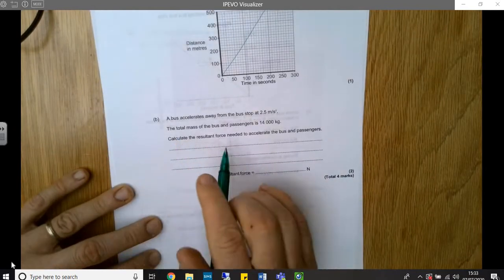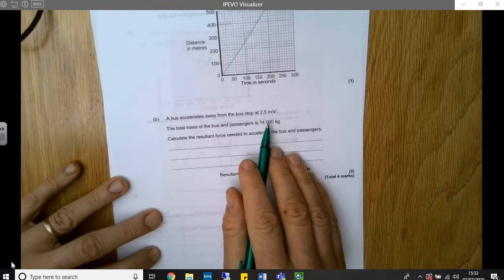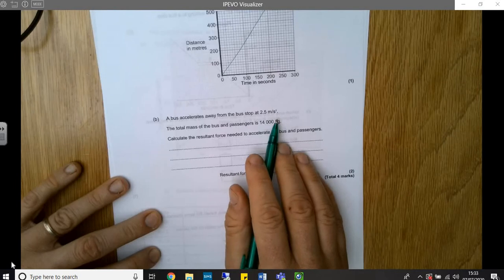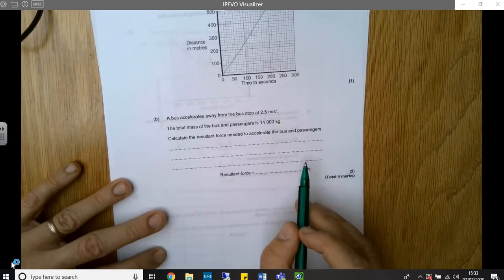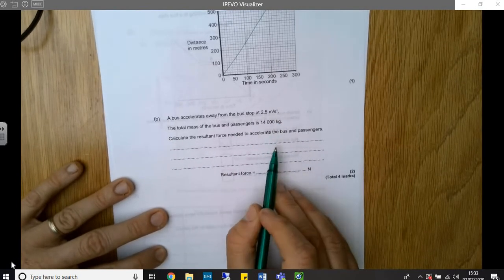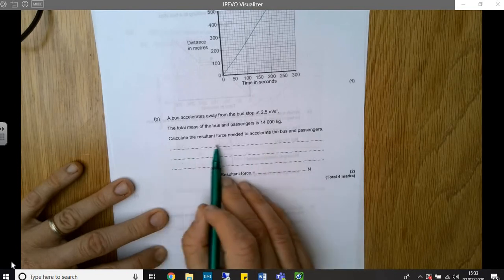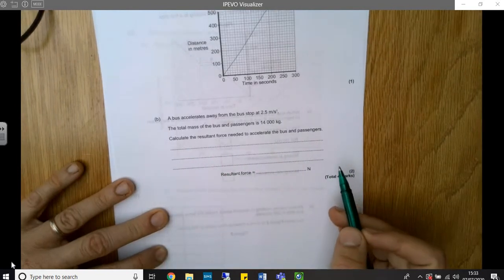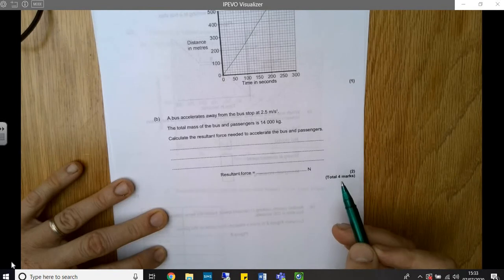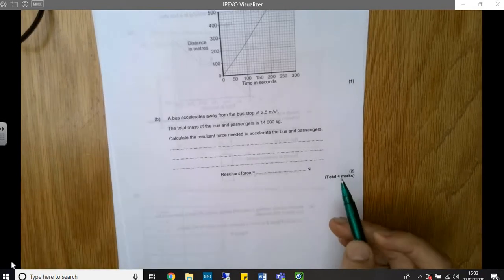Part B. A bus accelerates away from the bus stop at 2.5 meters per second squared. The total mass of the bus and the passengers is 14,000 kilograms. Calculate the resultant force needed to accelerate the bus and the passengers. So I'm just going to grab my calculator here.